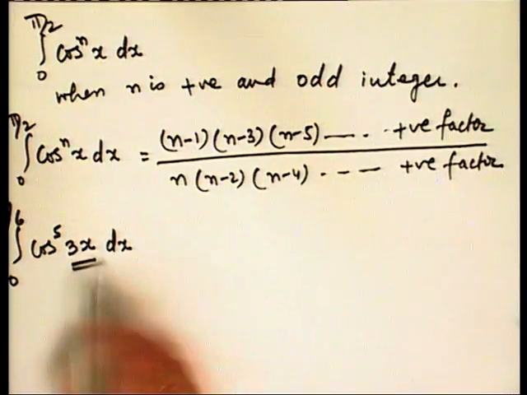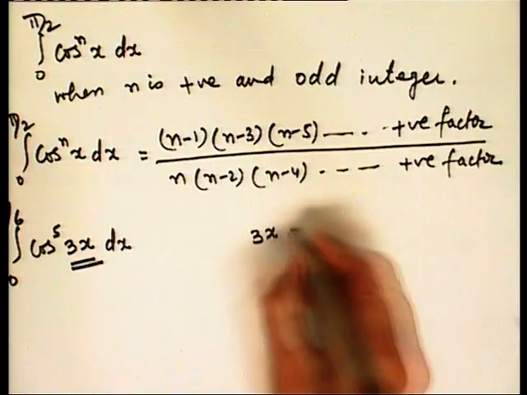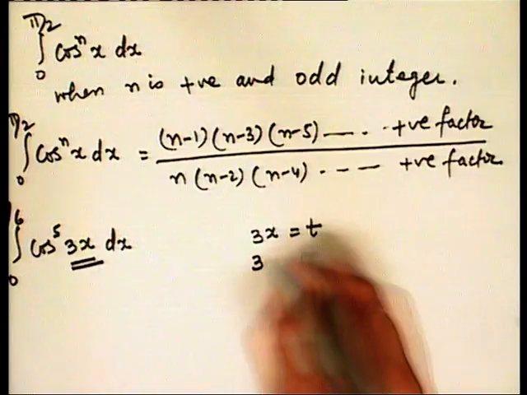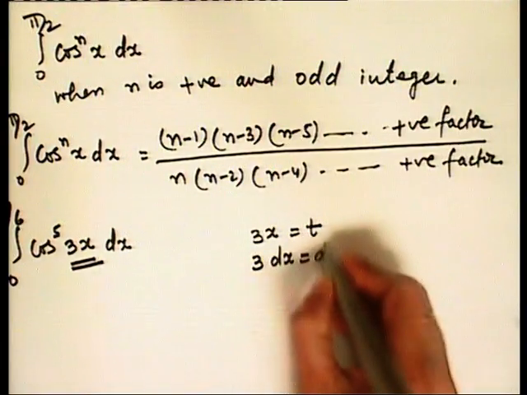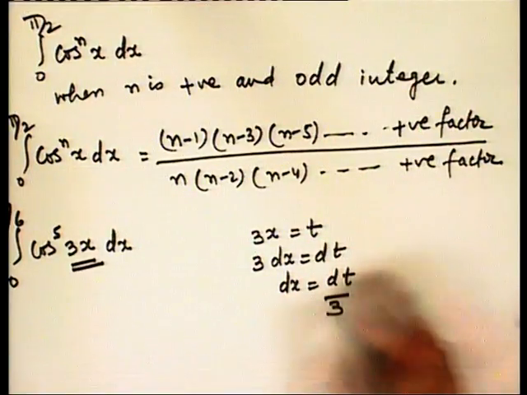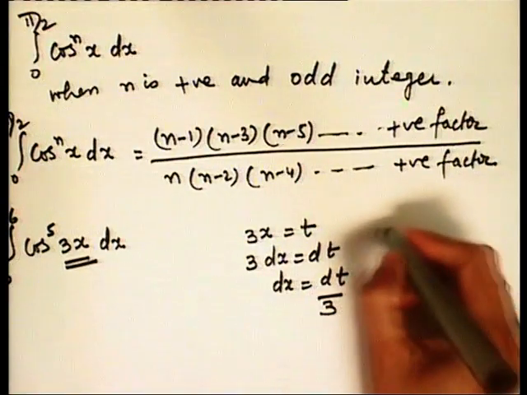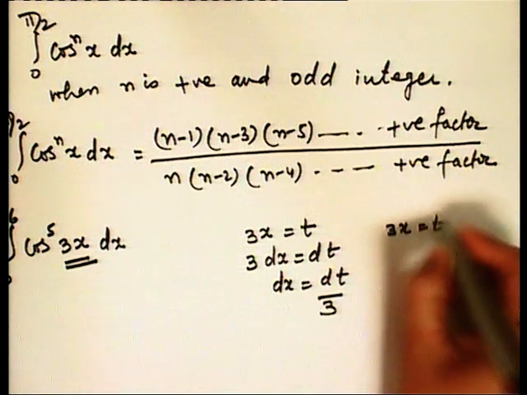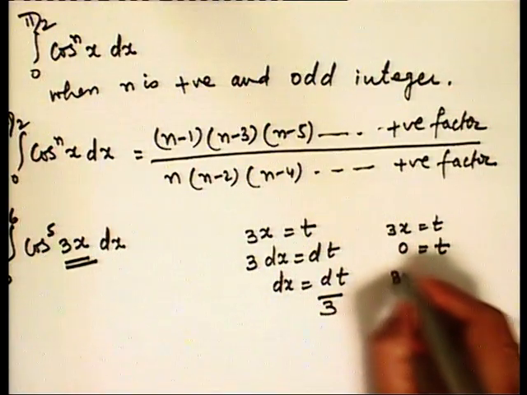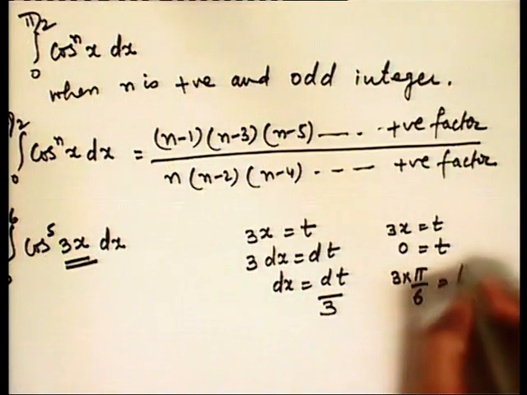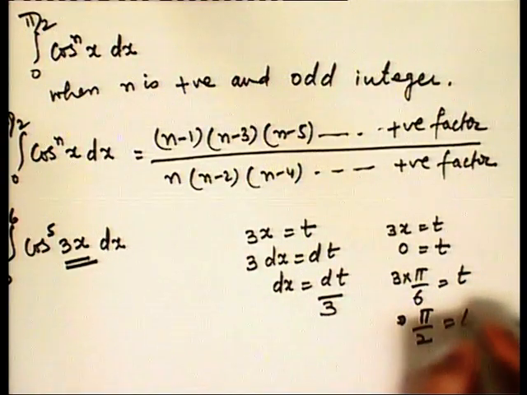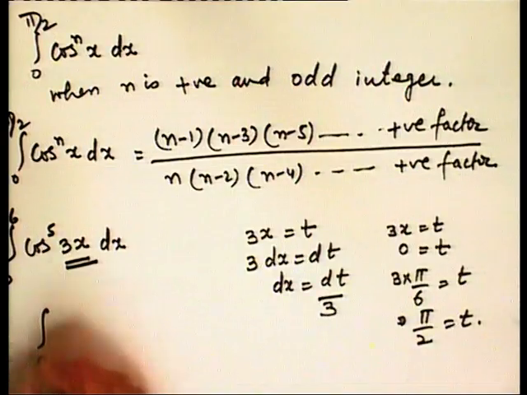So we can take 3x equal to t, differentiating with respect to x we get 3 dx equal to dt and dx equal to dt upon 3, and the limits will be: if x is 0 then t is 0, but when x is pi by 6 then the limit of t will be equal to pi by 2.